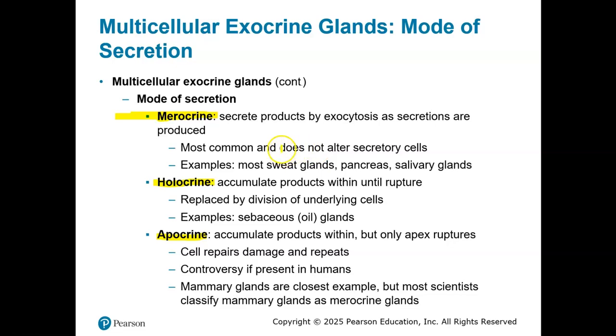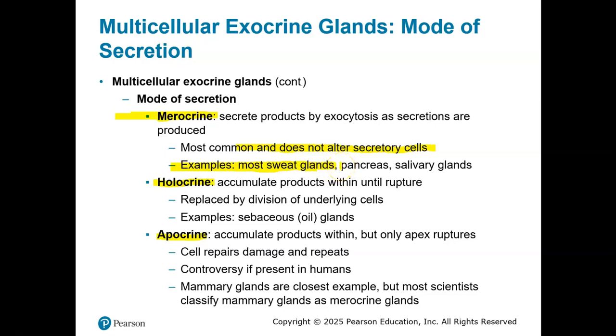It does not alter the cells at all. The cells that form the merocrine glands remain intact and not damaged by the secretion. So most sweat glands, there are 2 different types of sweat. The watery sweat that doesn't have an odor is merocrine.